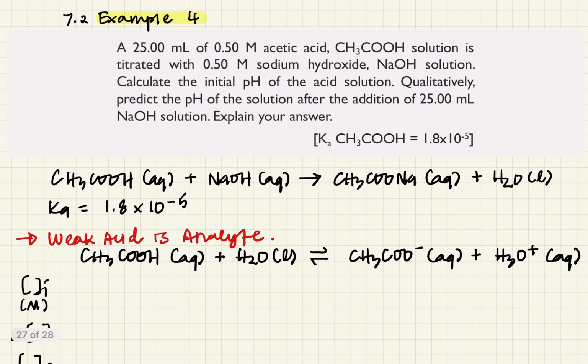So, in this question, it says that a 25 milliliter of 0.50 acetic acid solution is titrated with... Maksudnya, acetic acid is your analyte. Your weak acid is your analyte. And with 0.50 molar of sodium hydroxide solution.